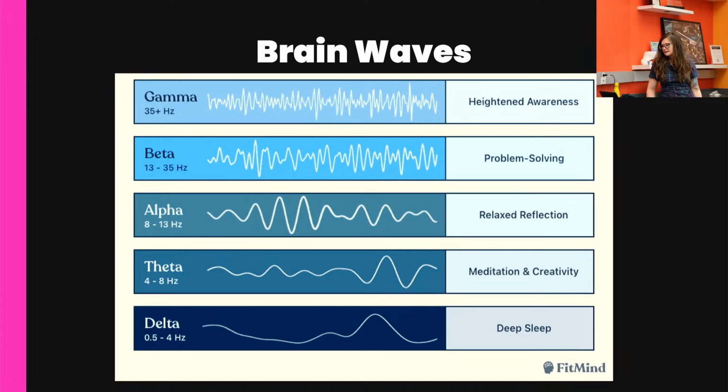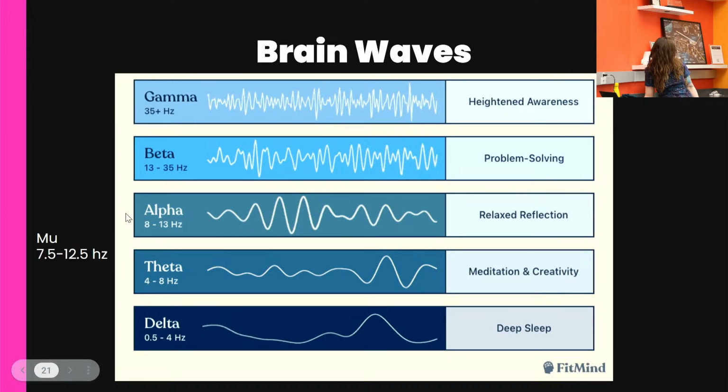And some of these are easier to detect in certain areas of the brain. So, for example, alpha is, I think, one that's associated with visual processing. Yeah, the visual cortex. But there's also another one, which is mu.